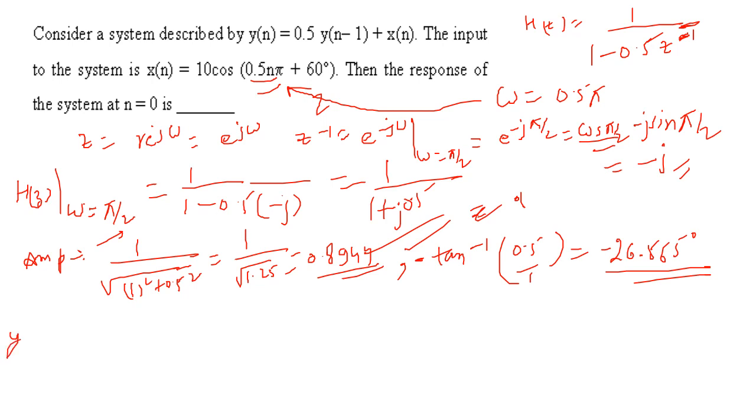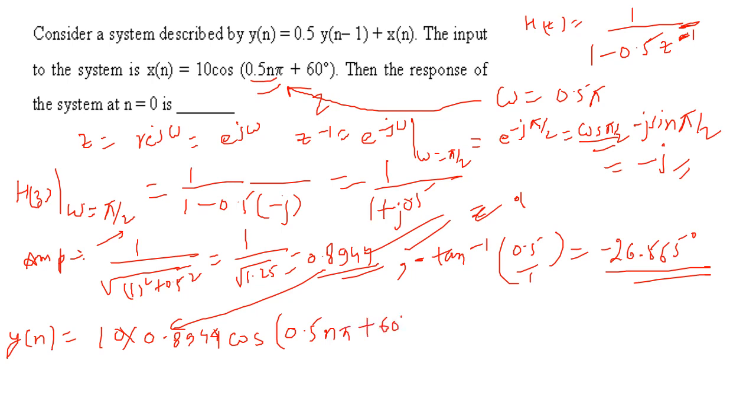So your y[n] is simply the original amplitude into this amplitude, the one we got from here, that is 0.8944. As I told you, the frequency won't change, so we can write the first term as it is, plus 60 degrees. Now you add some phase to that. So what is the phase? Here is the addition of minus 26.565 degrees.